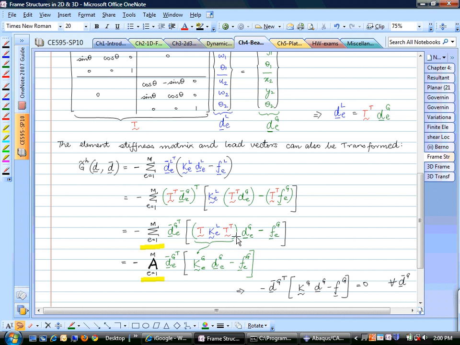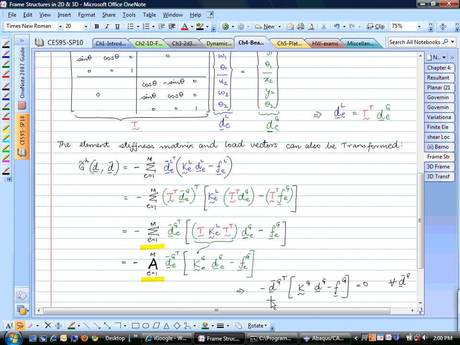And now if you denote this matrix with a global, so this is the element stiffness matrix in the global coordinates, and if you denote that with Kg, now you can assemble all these things. So note that the summation, this was sum over all the elements, that summation has changed to assembly over all the elements.